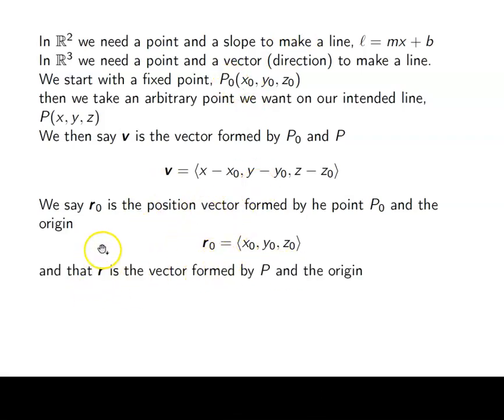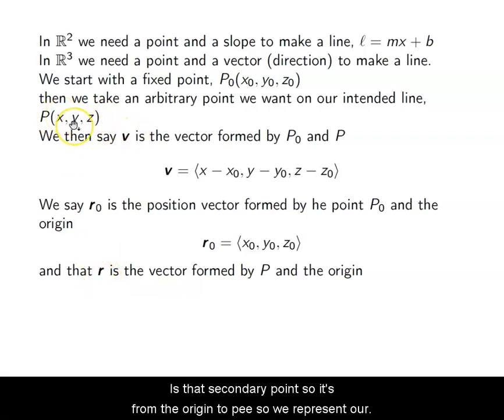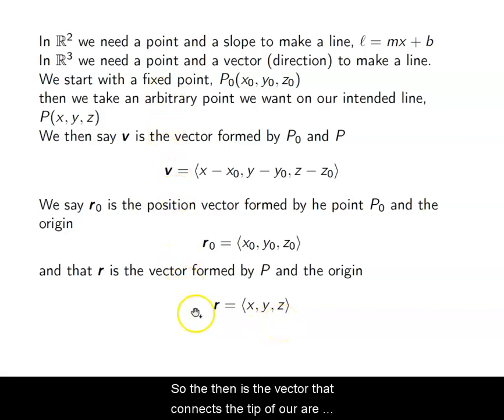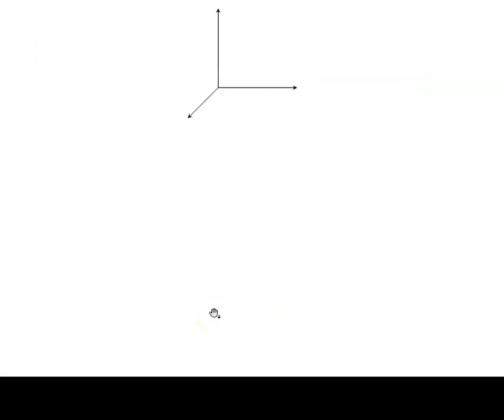Okay. R is that secondary point. Okay. So it's from the origin to P. So we represent R with X, Y, Z. Okay. So V then is the vector that connects the tip of our R naught position vector and our generalized position vector R. Okay.